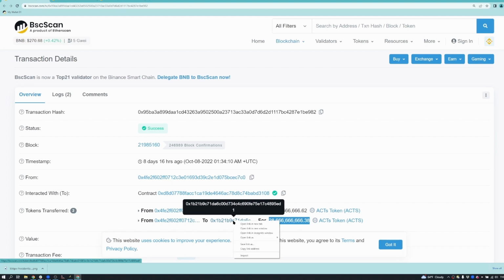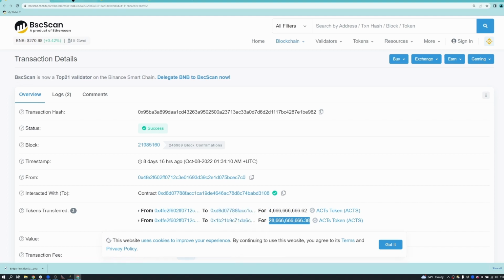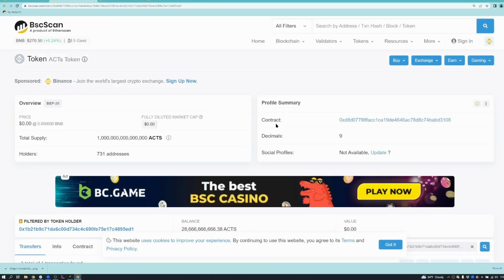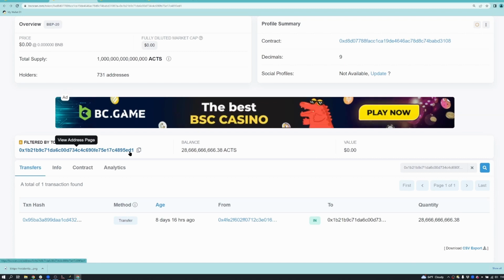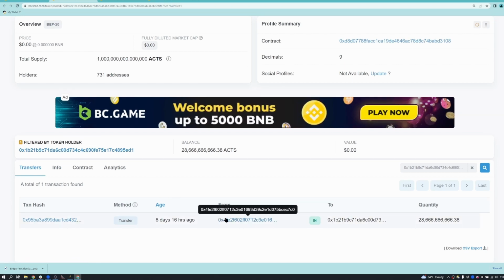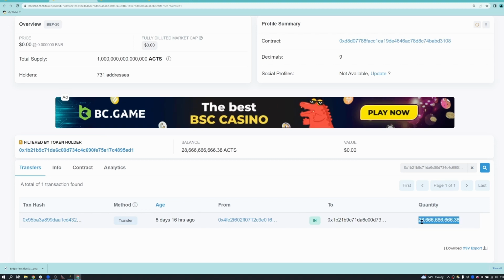And if we click that, open in a new tab, you will see that this is a wallet. Here's the token holder ending in ED1, and their wallet owns 28 billion tokens.